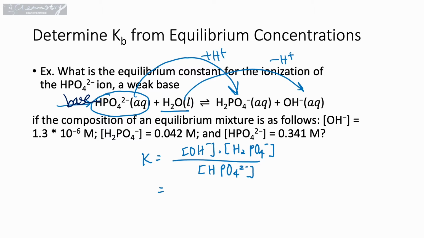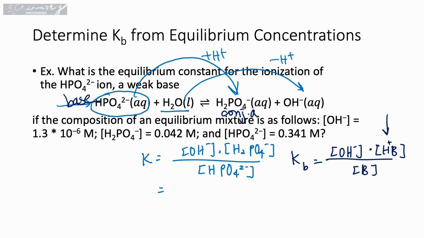This resembles the base dissociation constant formula, where Kb is equal to the concentration of OH multiplied by the concentration of the conjugate acid divided by the concentration of the base. Again, we can see that this is a base, and it becomes its conjugate acid, the dihydrogen phosphate, and then we have the hydroxide ion.